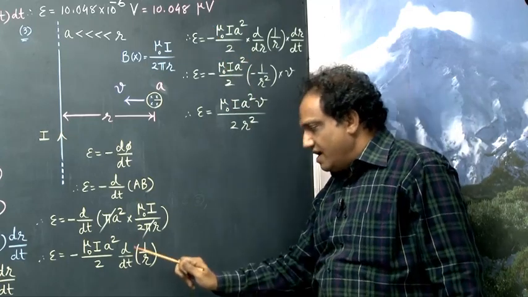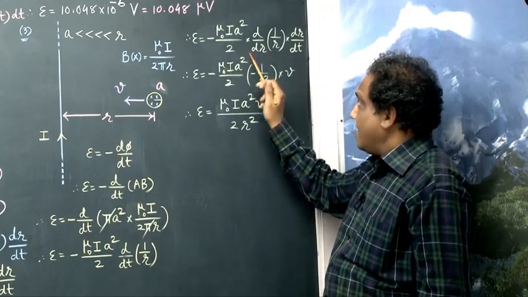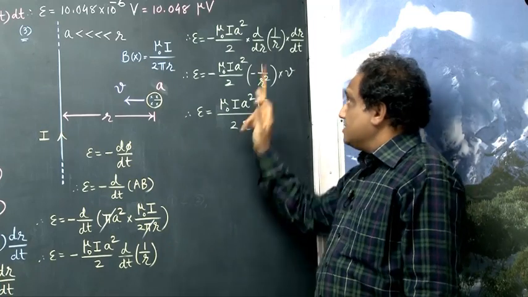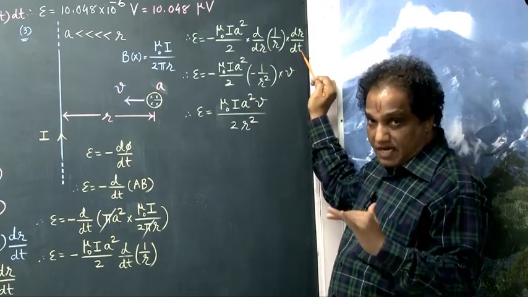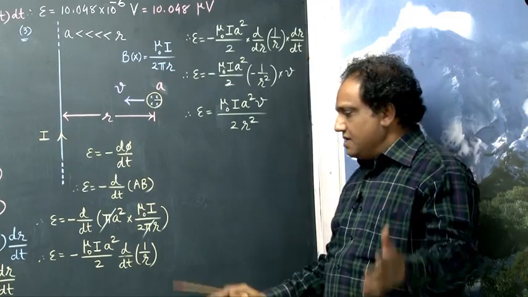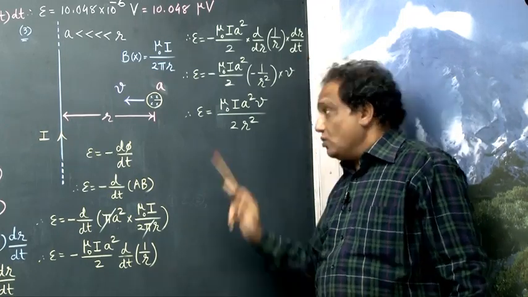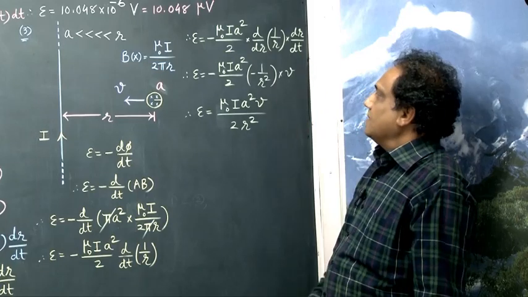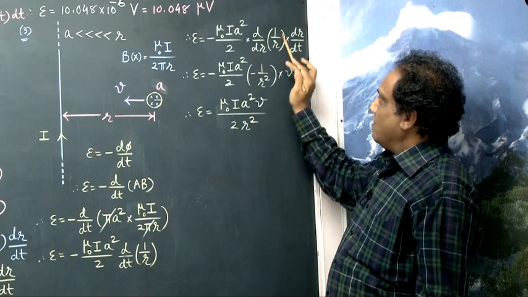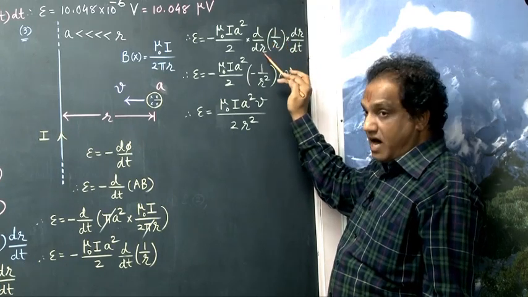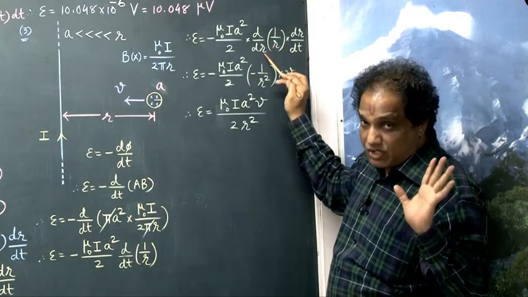And now instead of d by dt, what I have written here? D by dr. And 1 upon r as it is. But now I should differentiate r with respect to t. Again, apply chain rule here. D by dr of 1 upon r into dr by dt. Fine. Now this minus mu 0 I a square upon 2 as it is. Come on, 1 upon r, its derivative with respect to r, it is minus 1 upon r square.